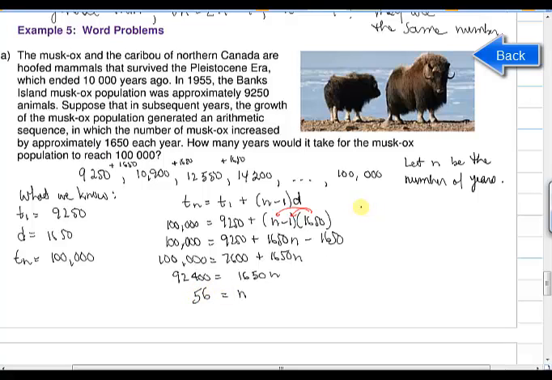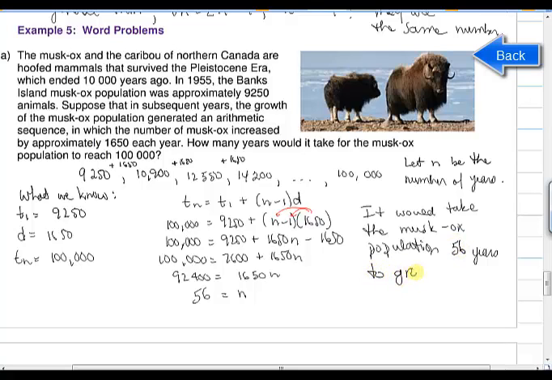And so it would take the musk ox population 56 years to grow to 100,000.